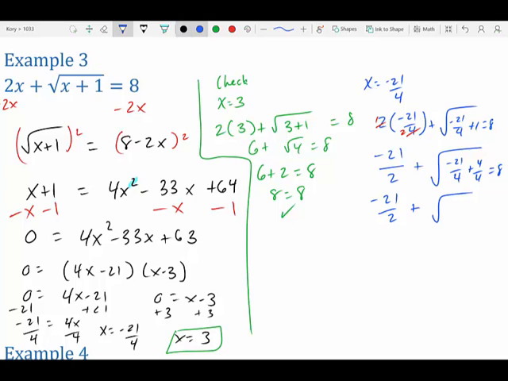It's supposed to be plus. Sorry about that. So we have the square root of 25 over 4, which is 5 over 2. Keep simplifying. We have 21 over 2 plus 5 over 2 equals 8. Now we have 26 over 2 equals 8. That does not equal 8. So 21 over 4 is not a solution. So our only solution is x equals 3.